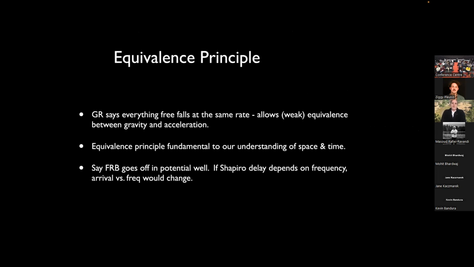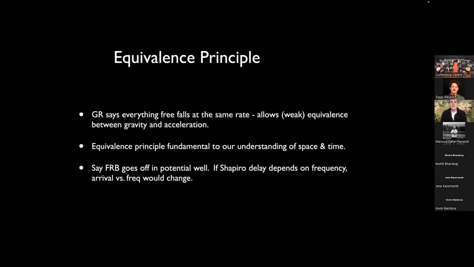Similarly, one of the foundational principles of modern physics is the equivalence principle, which says that gravity and acceleration look the same. So this is the weak equivalence principle. The strong equivalence principle also says that gravity is independent of velocity. But we can test the weak equivalence principle quite well.